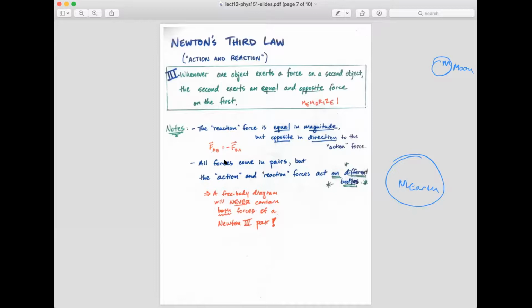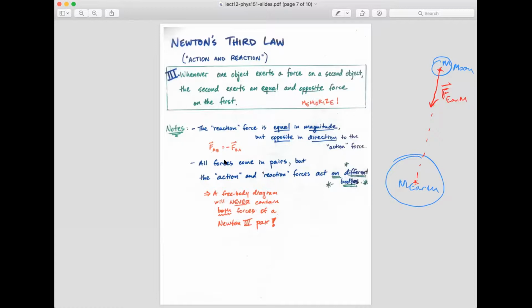So suppose this is the moon, and suppose this is the Earth over here. Suppose you use a formula we're going to learn later in chapter 6 to calculate the strength of the gravitational force of the Earth on the moon. Suppose you actually calculate the magnitude of this force. We're going to learn it's attractive, so it's exactly along this line that acts between the centers of the two objects.